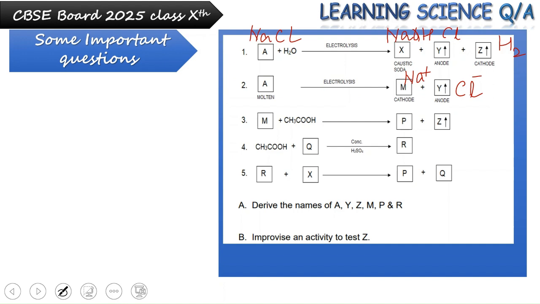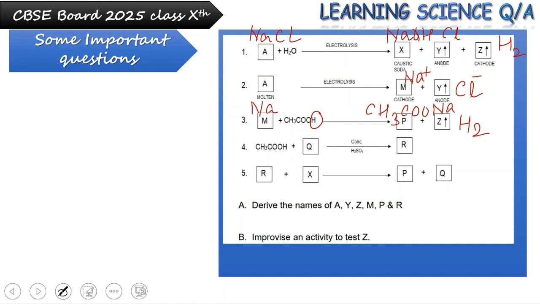Now when Na in presence of CH3COOH, which is acetic acid, reacts, we get another product P along with liberation of Z gas, which is again H2, and here we get CH3COONa. As you see, H from the acetic acid is replaced by sodium, and what we get here is the sodium salt, or the sodium acetate, CH3COONa.